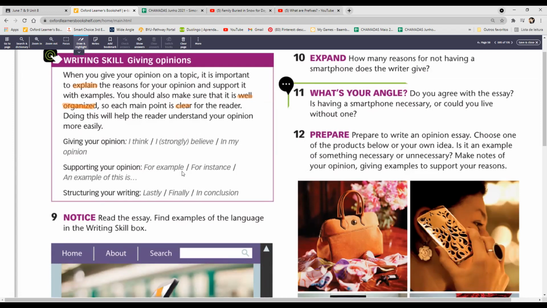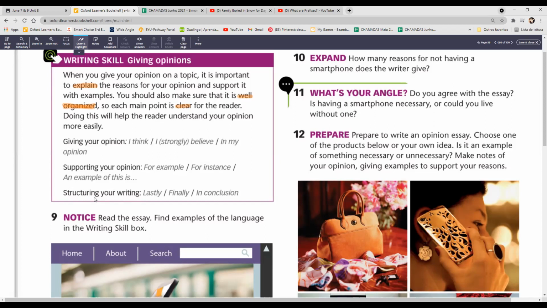So, for example, then you put one or two examples. For instance is also another expression that means for example. An example of this is, then you write some examples. So these are three different ways to introduce examples, supporting our opinion.